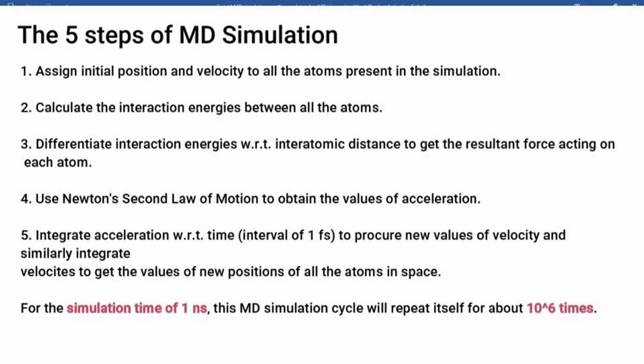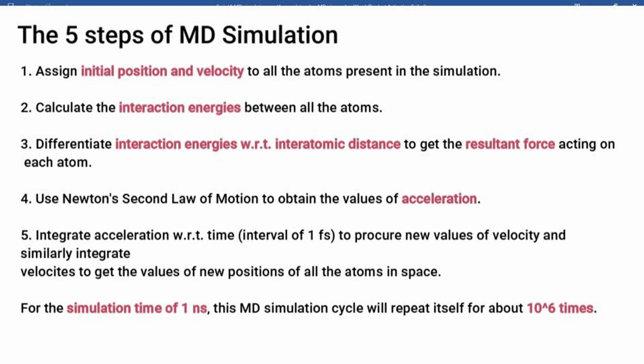In summary, once we have the initial velocity and initial position of all atoms, we move on to calculating the interaction energy that exists between different interacting atoms in the system. Knowing this energy, we would differentiate it with respect to the distance between the interacting atoms. We will calculate the resultant force acting on a particular atom, and using Newton's second law of motion, we will obtain a value of acceleration.